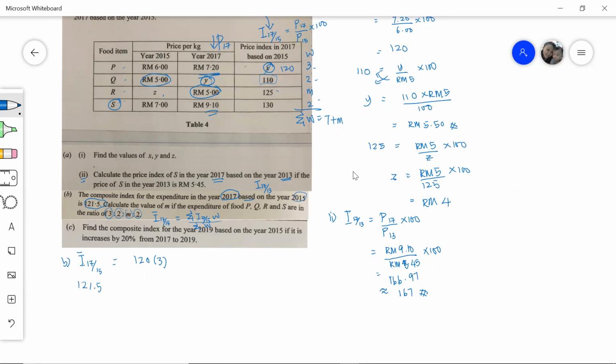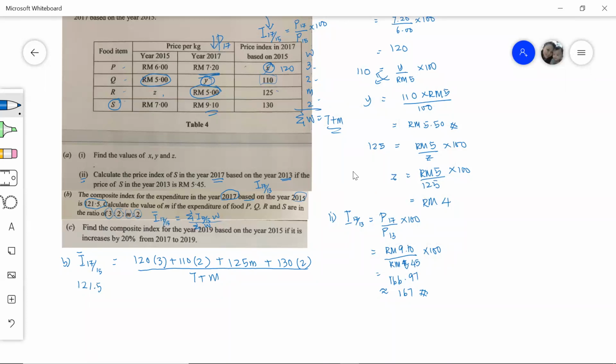Plug the values into the formula first. So 120 times 3 plus 110 times 2 plus 125 times M plus 130 times 2, divided by the sum of our weightage, which is 7 plus M. And this whole thing is equivalent to 121.5.